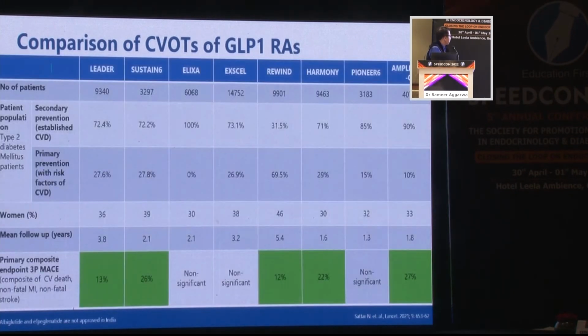If we compare the 3-point MACE, non-fatal MI, non-fatal stroke and CV death, the composite showed a 13% benefit, a non-significant reduction in other trials of exenatide, and good benefit with semaglutide in SUSTAIN 6. In REWIND, again we have the benefit, but we do not have other CV outcome trials like with exenatide, or with lixisenatide, and these are not being used at present.